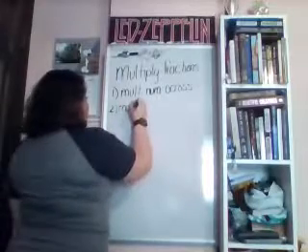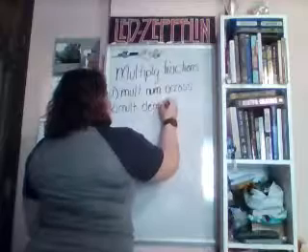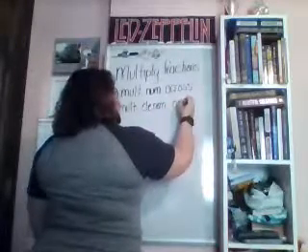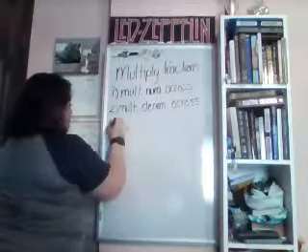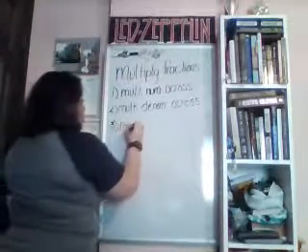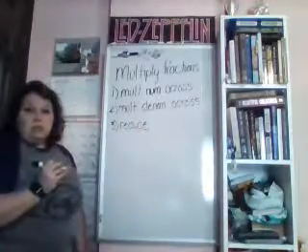Multiply your denominators straight across. And of course, what's our final step? Reduce if you can. You always want to put this in simplest form.